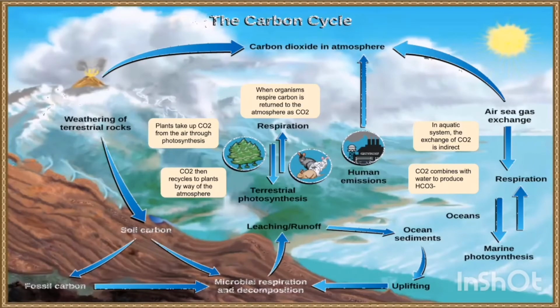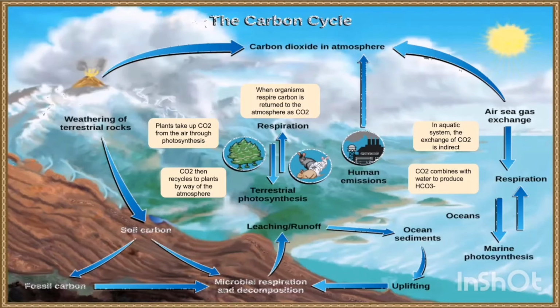Next, carbon enters the animal or human when the plants are eaten by them. When these organisms die, the carbon will enter into soil. Second, carbon is cycled through the hydrosphere, in which carbon dioxide combines with ocean water to produce bicarbonate ion. This is helpful for the aquatic plants to perform photosynthesis.